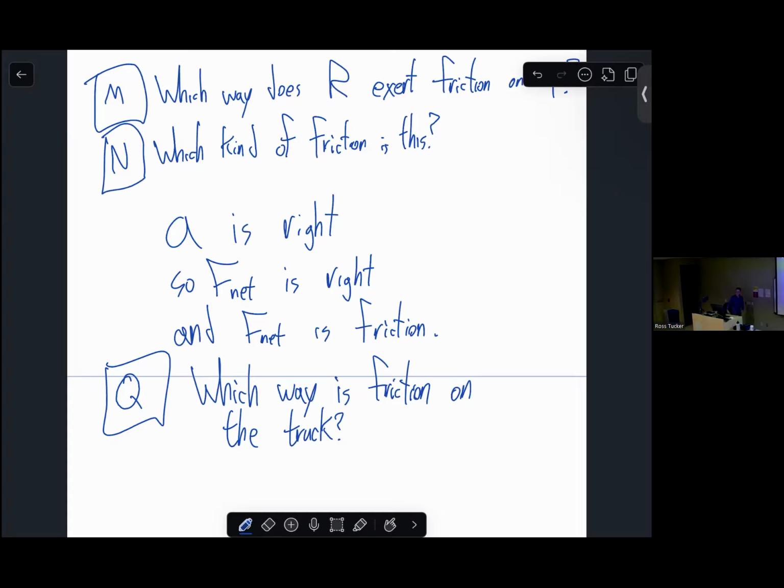Let me be precise: the friction of the road on the truck. Which way, left or right, is the friction force that the road exerts on the truck?